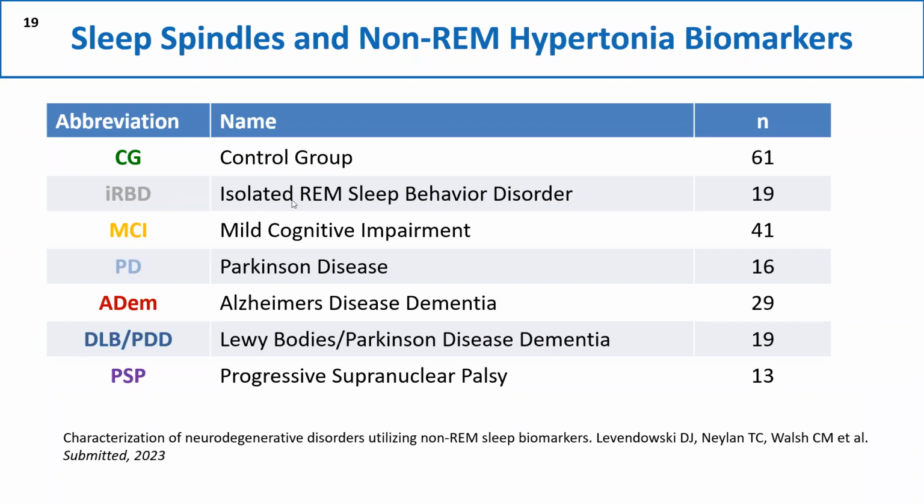Then we have isolated REM sleep behavior disorder, mild cognitive impairment, Parkinson's disease, Alzheimer's disease, dementia with Lewy bodies, which we've mixed with our Parkinson's disease dementia, and progressive supranuclear palsy. For the next few slides, I will be using these initials primarily, and here are the sample sizes involved in this study. This has been submitted for peer review and is under review at the moment.